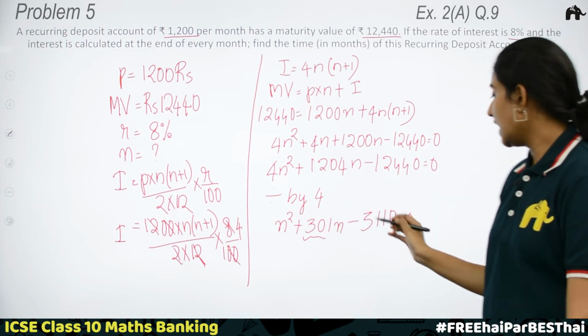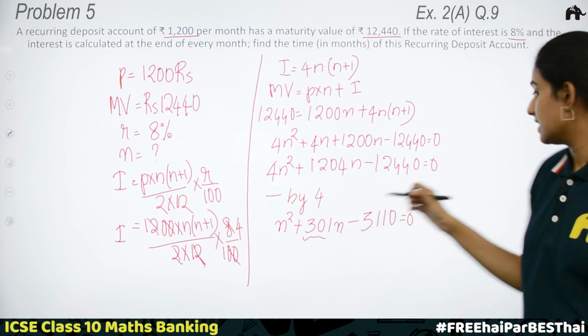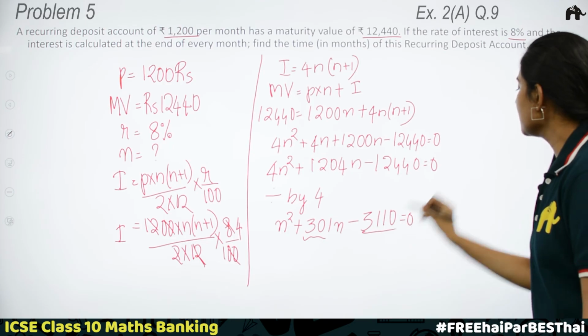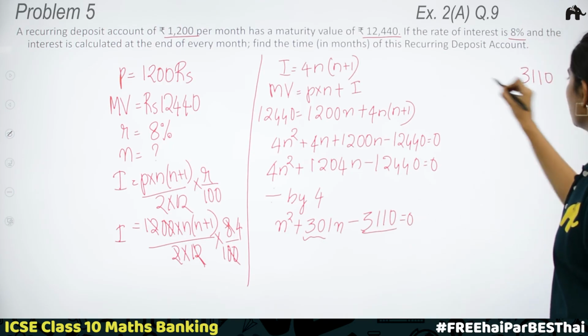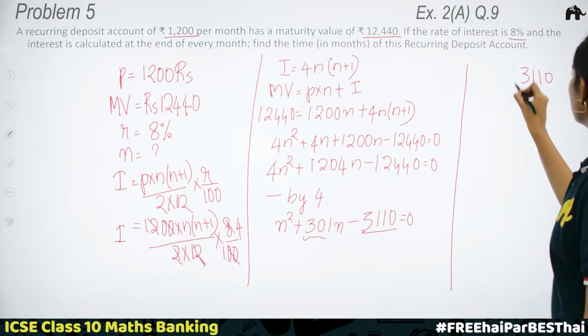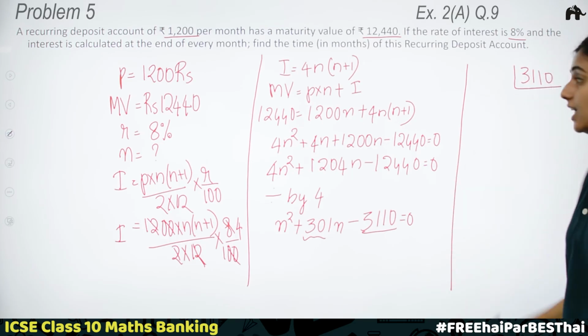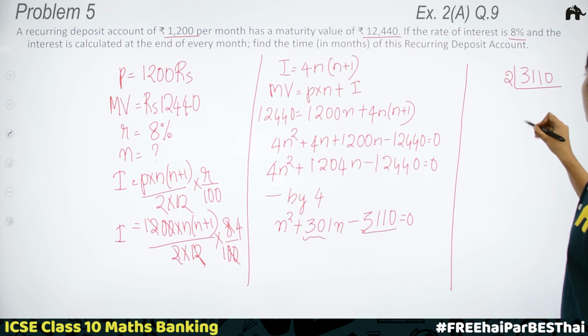For that, we need to find the factors of 3110. It can be divided by 2, giving 1555.